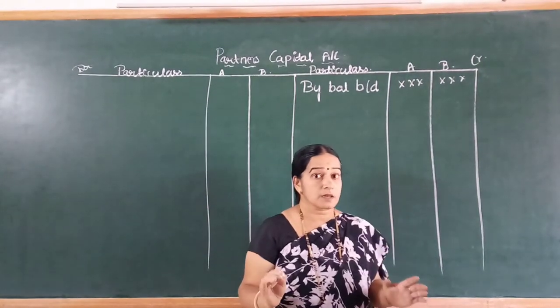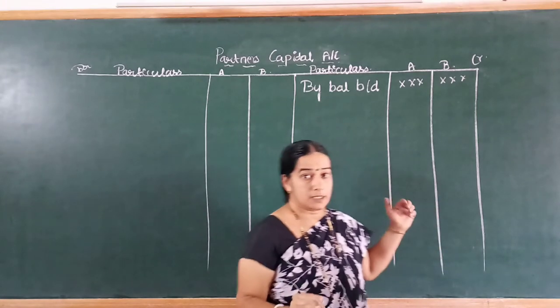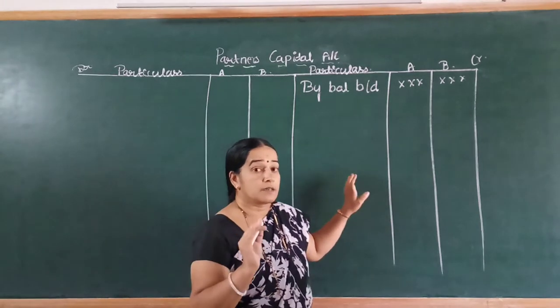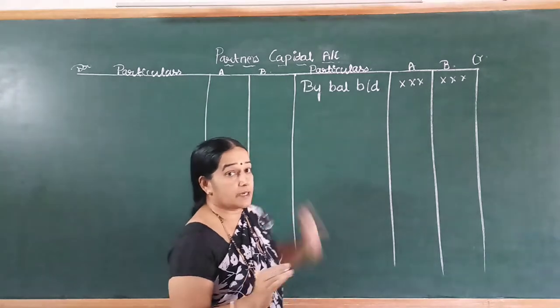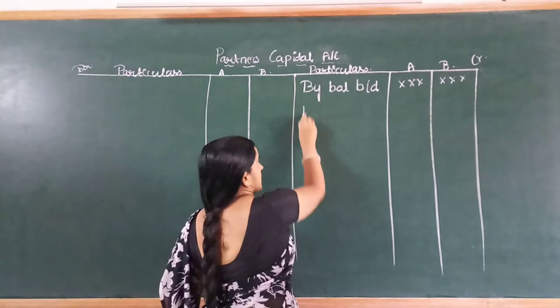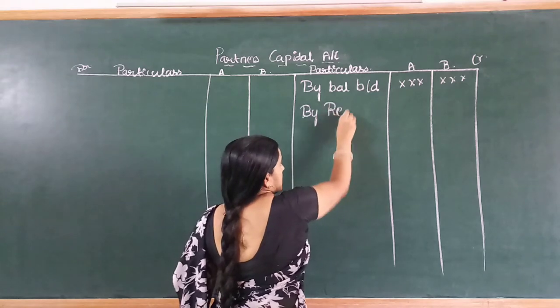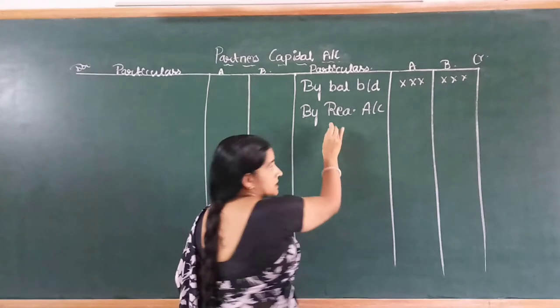If there is a realization profit, that increases the capital amount. So the realization profit will be written on which side? On the credit side. What is the entry for the realization profit? By realization account, that is the profit.